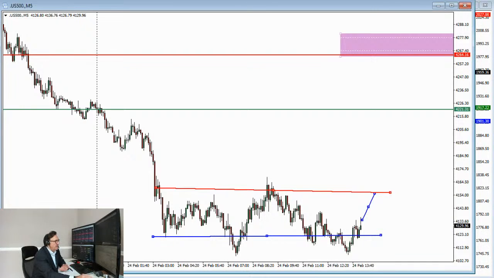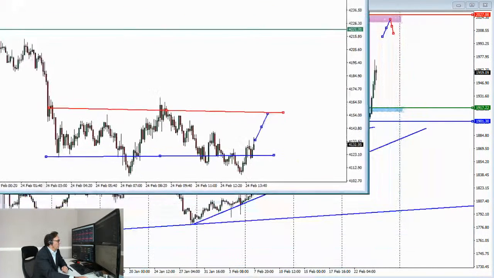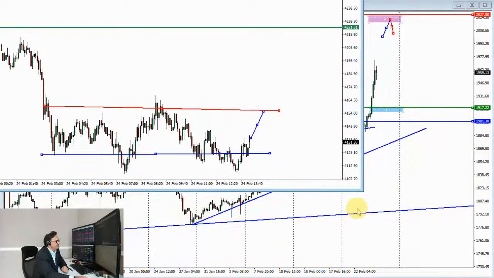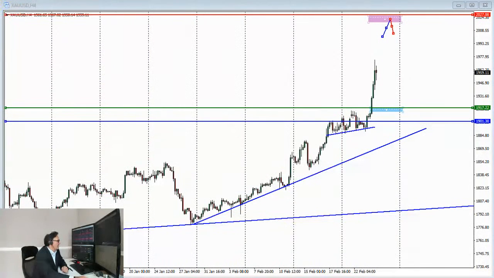Completely speculative, counter trend, and actually I'll just show you that straight away, and then we can go and talk about gold and other stuff as well. The joys of live trading and scalping.